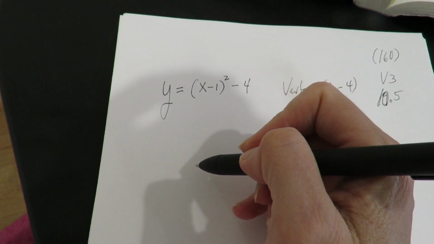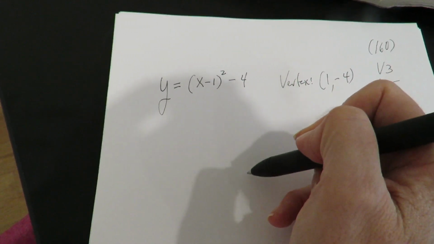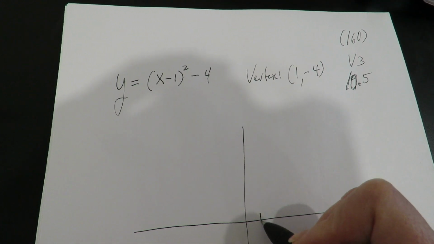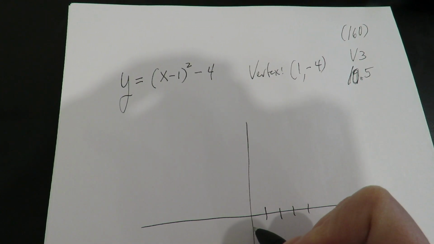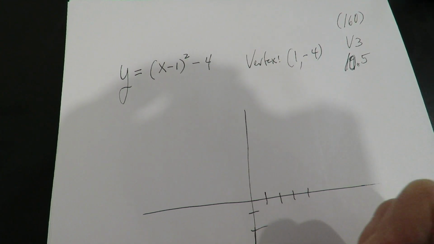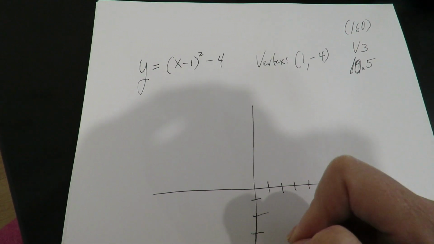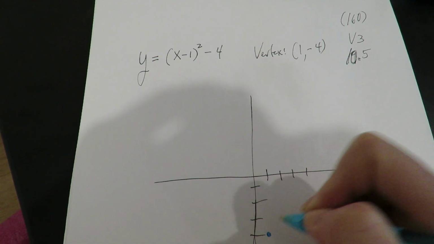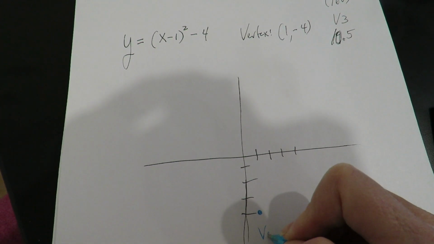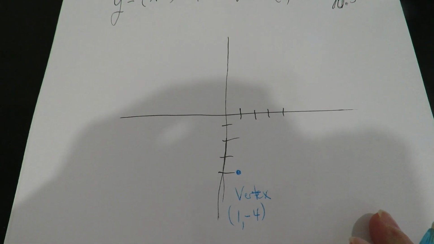So the center that used to be at (0, 0) is moved one unit to the right and 4 units down. Okay, so that's the vertex.